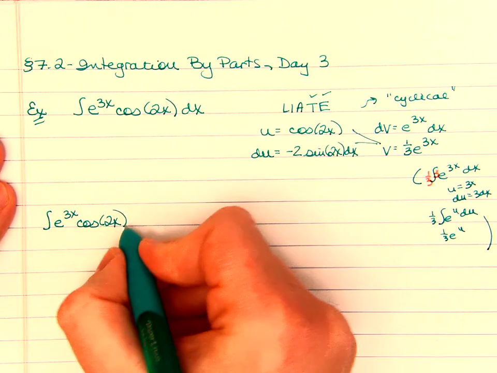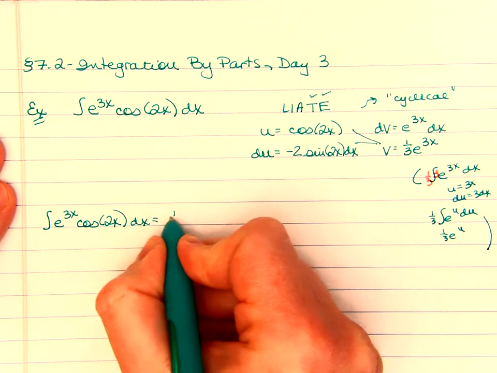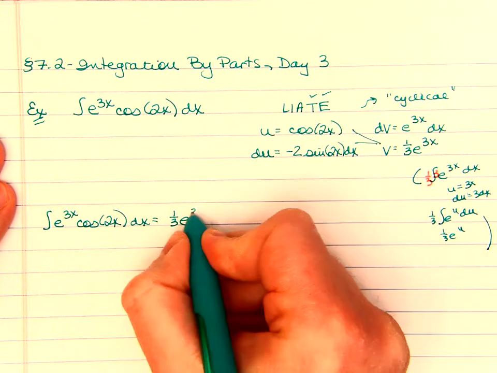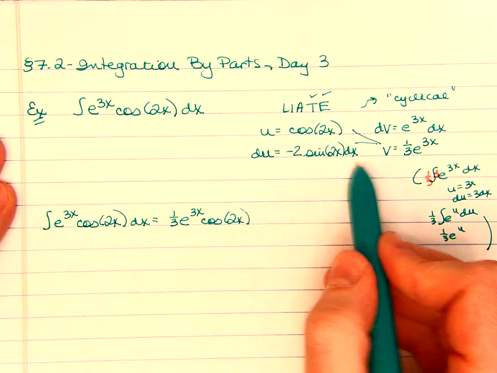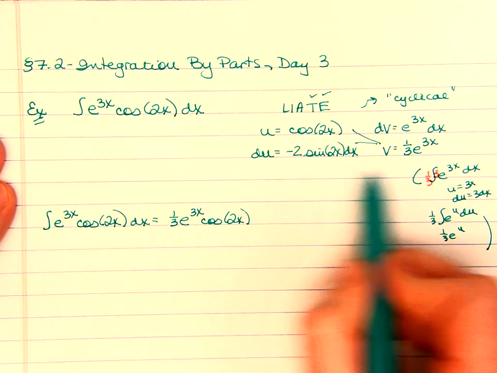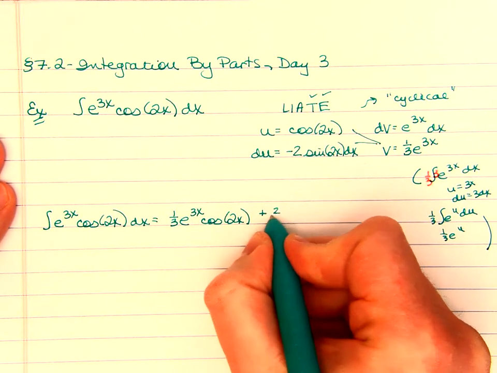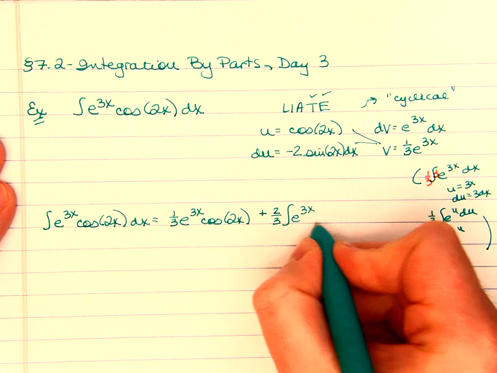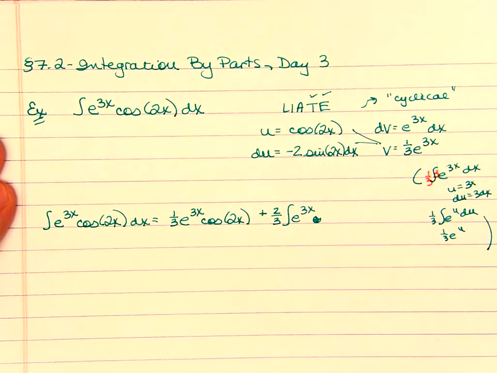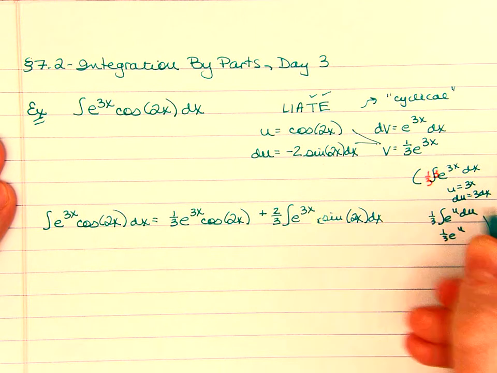The integral of e to the 3x cosine 2x dx equals, okay, so u times v, I'm going to say 1/3 e to the 3x cosine 2x minus the integral of this thing, and actually because that thing is going to end up being negative itself, I'm going to make it plus 2/3 times the integral of e to the 3x sine 2x dx.